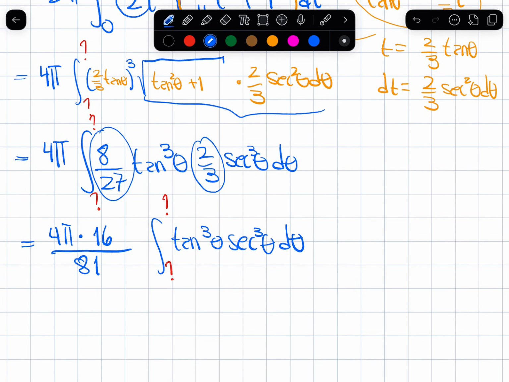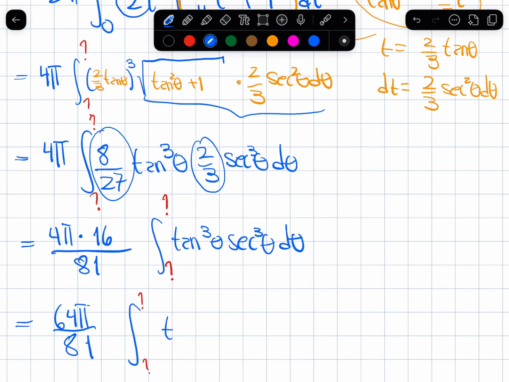All right. This is not bad. This is a little better than it could have been. Now when I multiply the 16 times 4, I'm going to get a 40 plus 24, so 64 pi over 81. And this right here, I don't want to worry about the limits of integration for now.